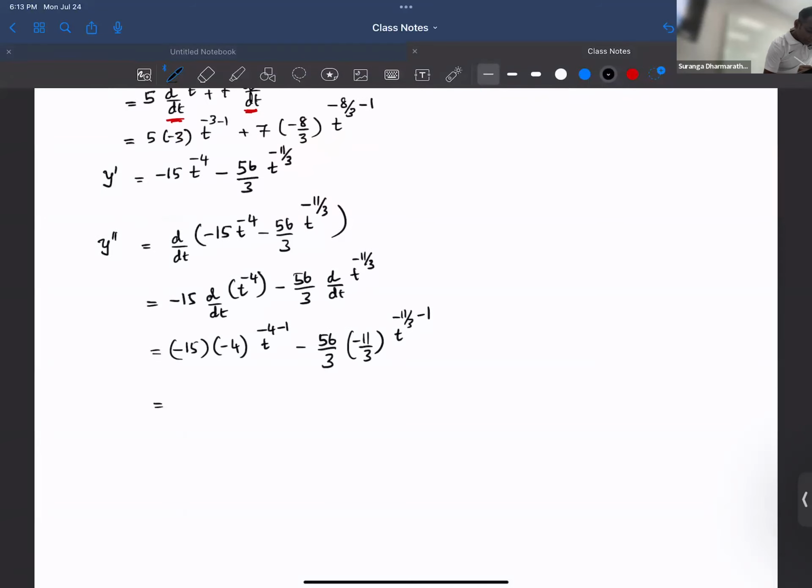From this, we get 15 times 4 is 60, t to the power negative 5, minus 11 times 56, which is 616 over 9, t to the power negative 14/3. Is that correct for y double prime? Is that the answer you got? Okay, good.